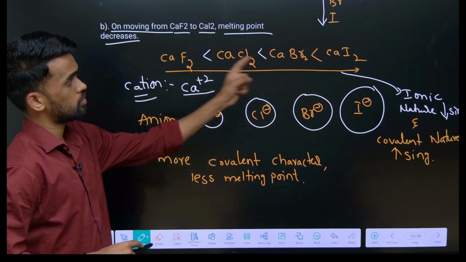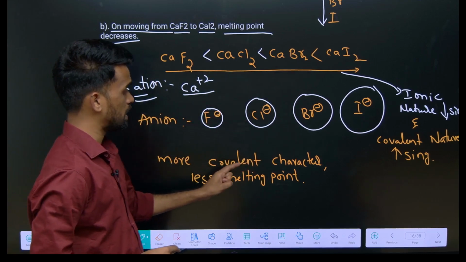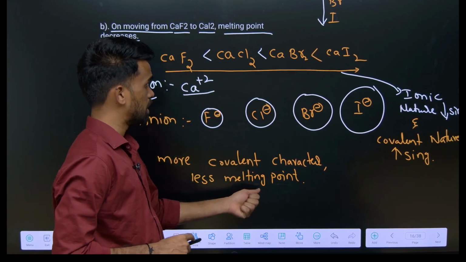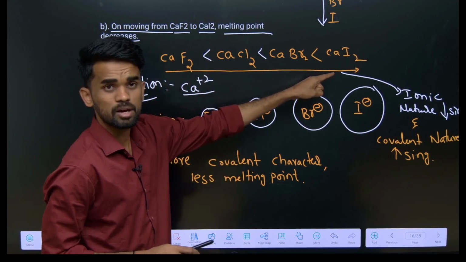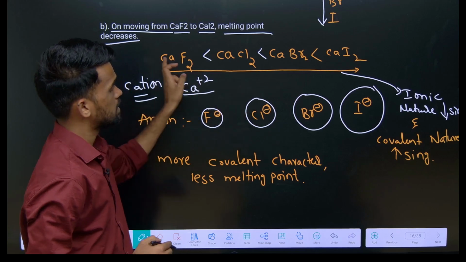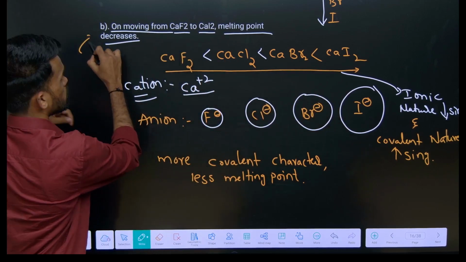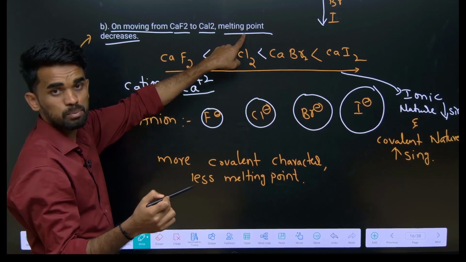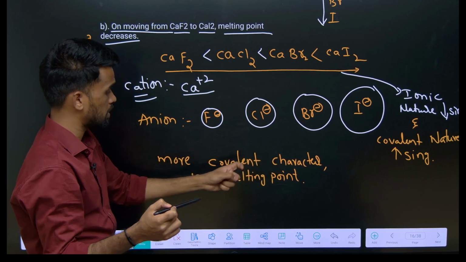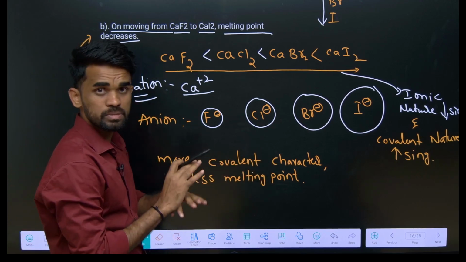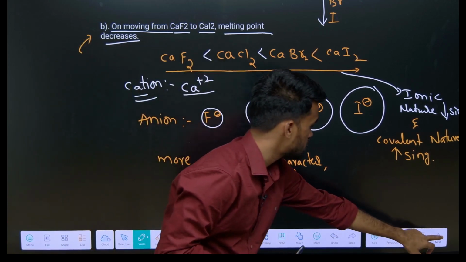The one with more covalent nature will have the lower melting point. Therefore, from CaF2 to CaI2, melting point decreases. This is the order for covalent nature. Here I mentioned the application, that is the melting point application. So more covalent character means less melting point. I hope this is clear. You can write this example.